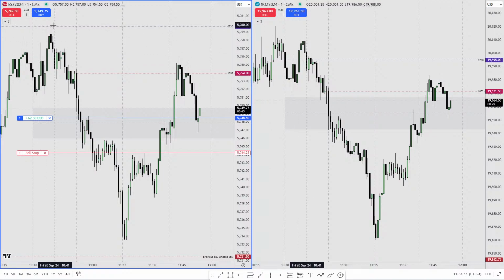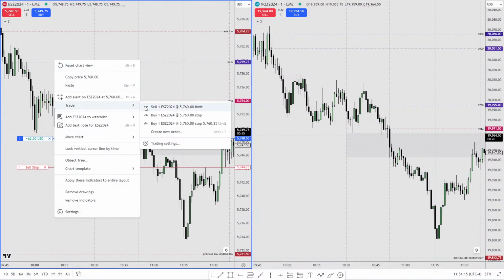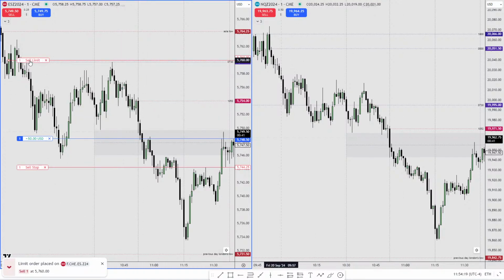Okay, my target is just this level here, the 1 hour high. Sell limit. One tick above.